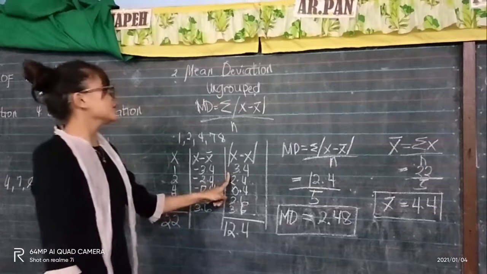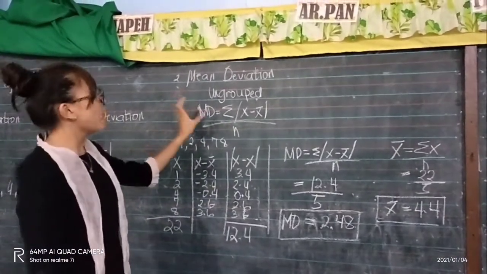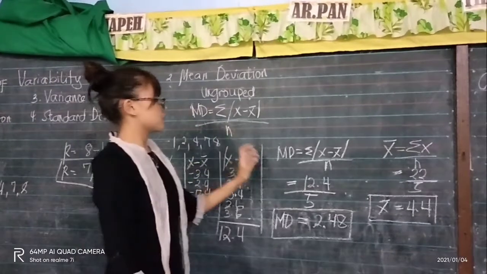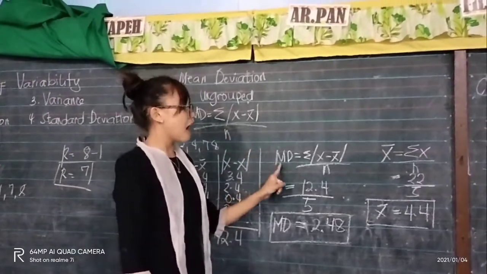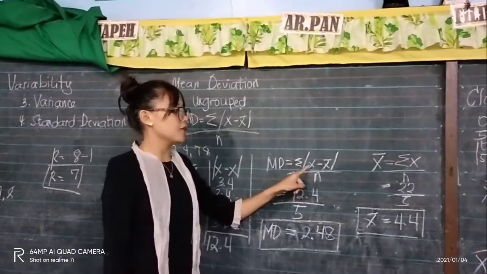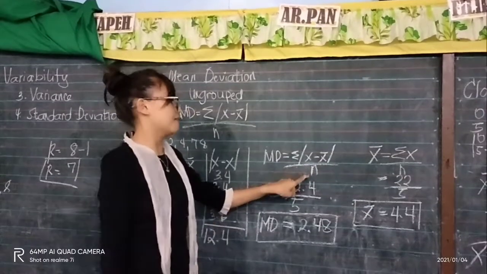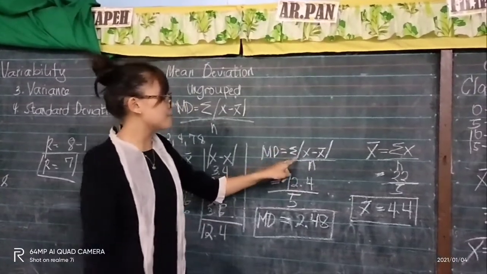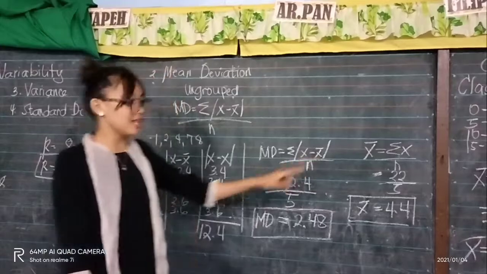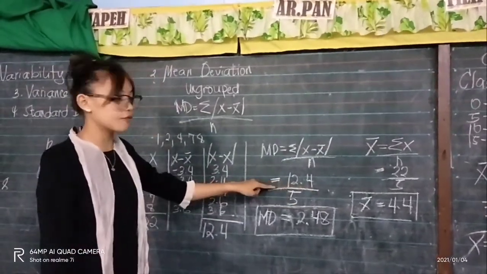So let's start to solve our mean deviation for the ungrouped data. Our formula for mean deviation in ungrouped data is MD is equal to the summation of the absolute value of x minus mean, all over n. The summation of the absolute value of x minus mean is 12.4, so we're going to put 12.4 here.